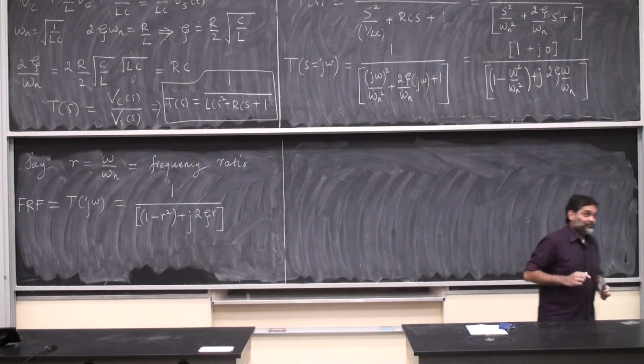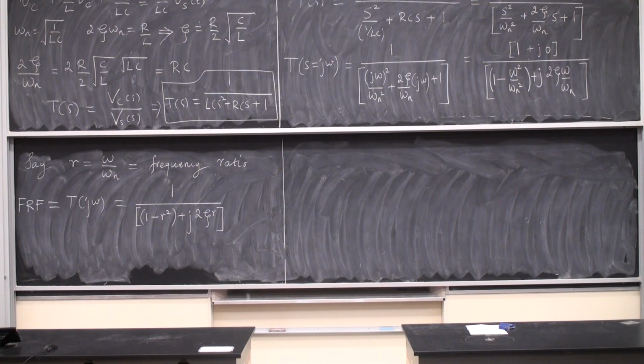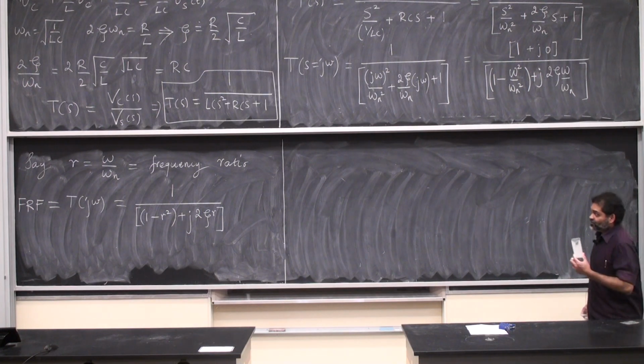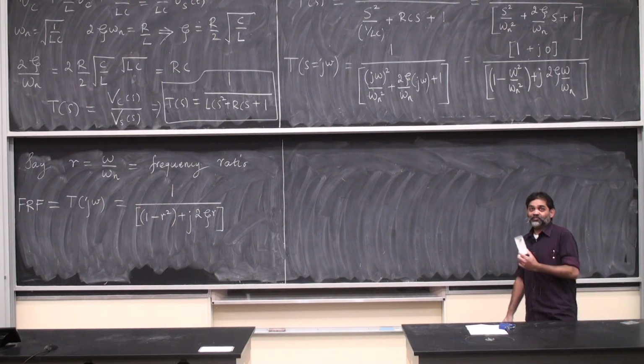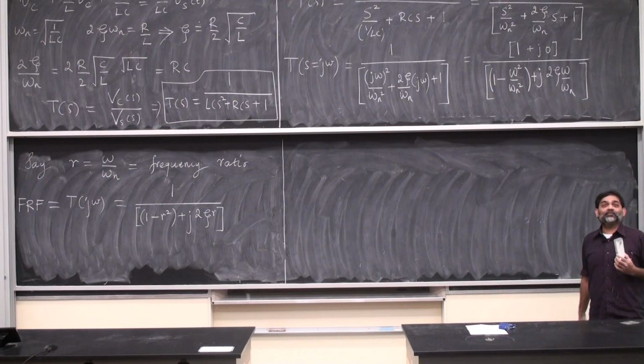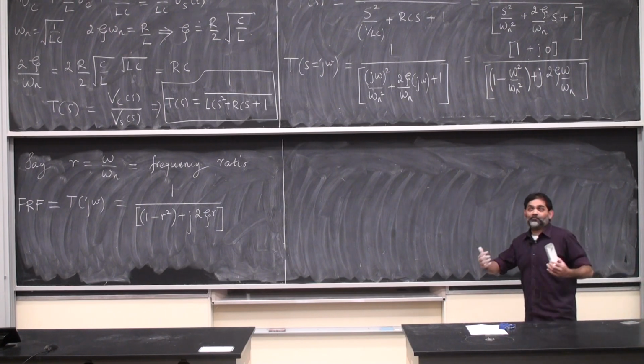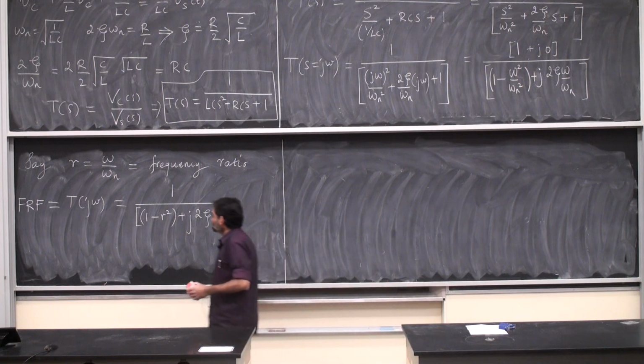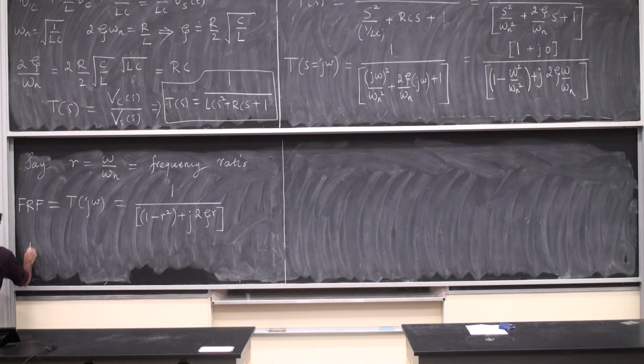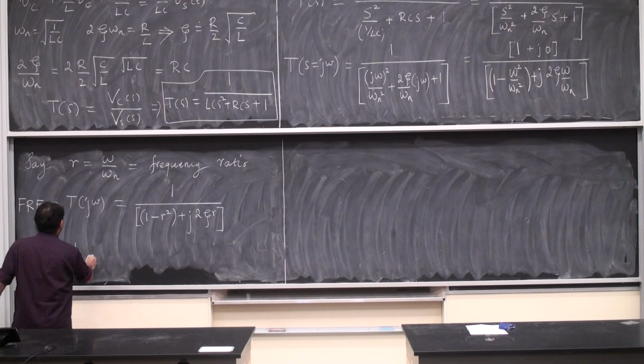What are we interested in? As we said, magnitude. Not in the Bode plot yet. This is just simple plain magnitude of a complex number. The magnitude of the numerator by the denominator. So if I look at the magnitude, this is the square root of the sum of the squares of the real and the imaginary parts.